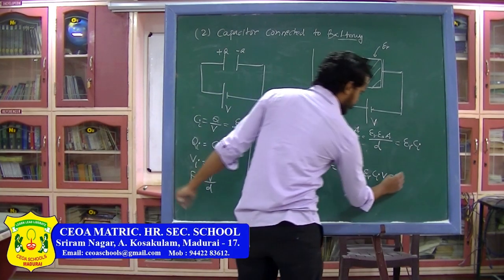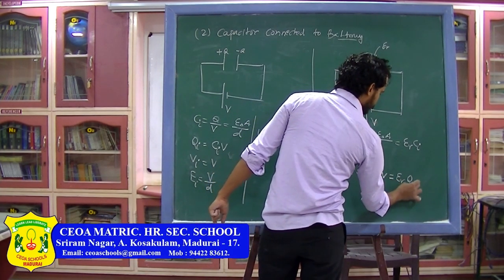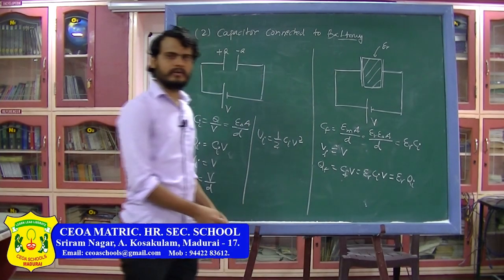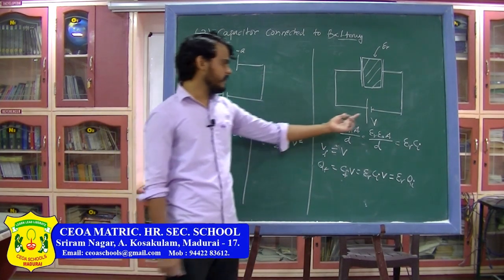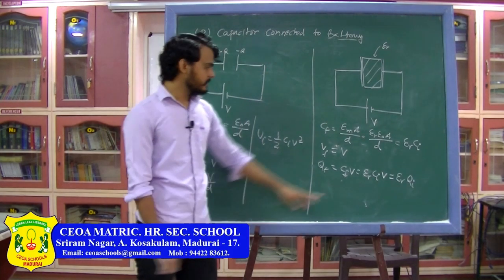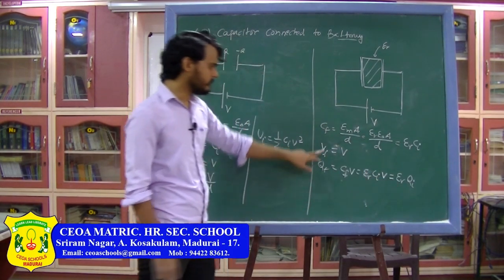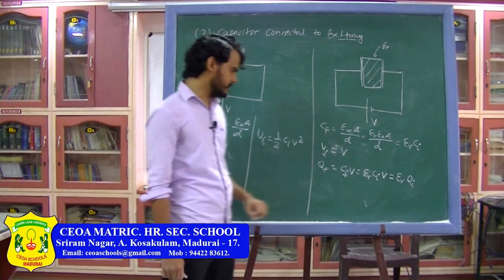So I can write this as epsilon r times Q initial. So here you can see that if you insert a dielectric slab between the capacitor plates when the capacitor is connected to the battery, the potential remains the same, the charge increases.